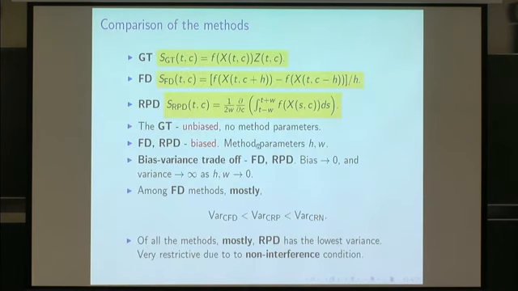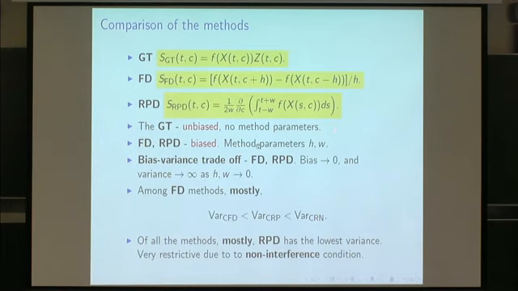Okay. So just to summarize, I mentioned 3, actually 4 methods, but I'm not going to analyze the PPA method by Ankit. So for the Girsanov transformation, the estimator is a random variable, a function of the sample path. The finite difference is a random variable, a function of the sample path. The regularized pathwise derivative is a function of the sample path here.